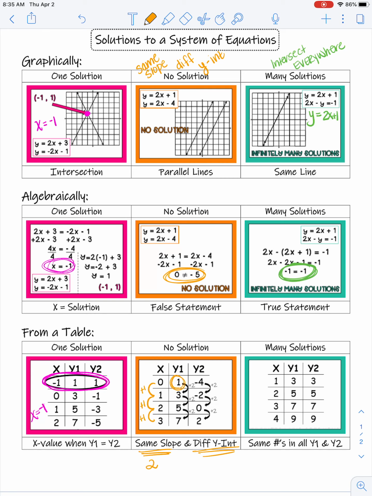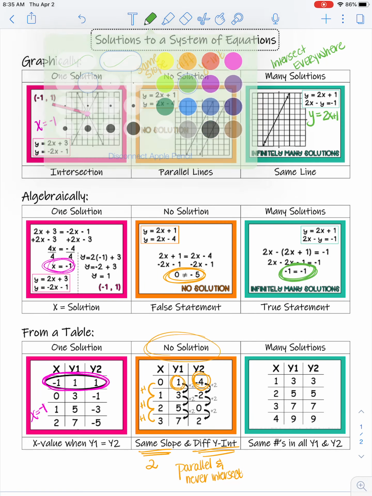Because in the table, y1 has an intercept of 1, and y2 has a y-intercept of -4. So same slope, different y-intercept means that they are parallel and never intersect. Therefore, they have no solution.